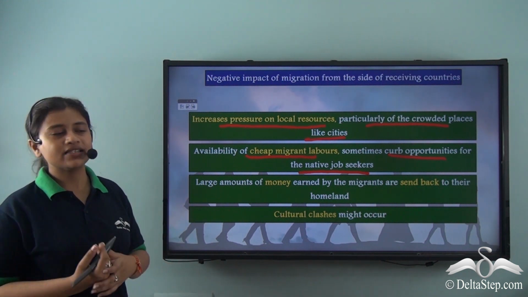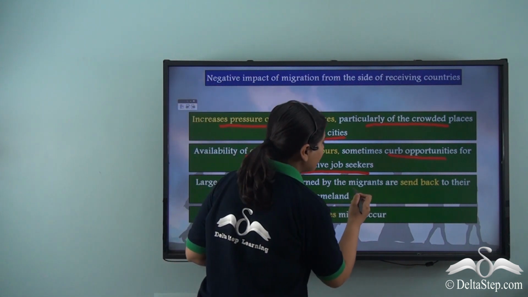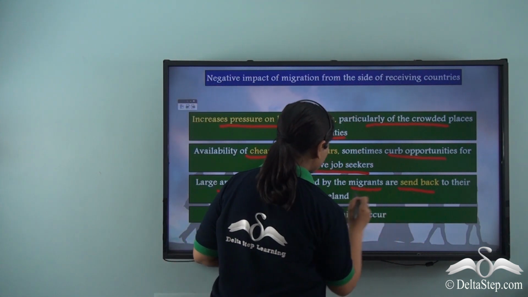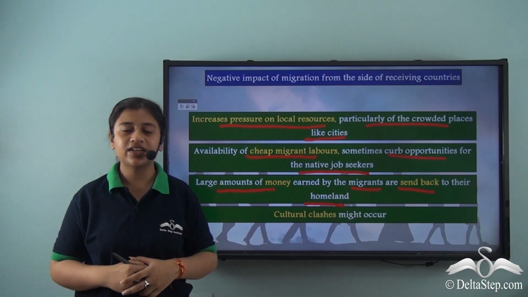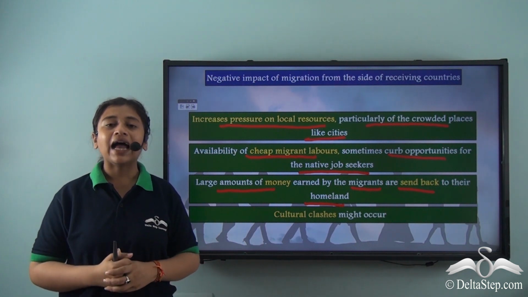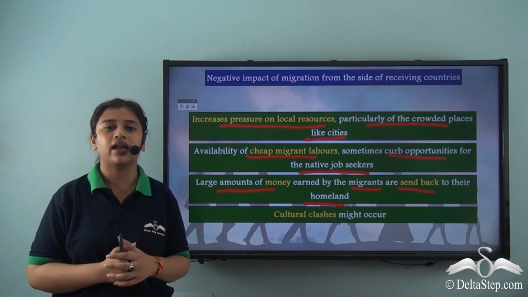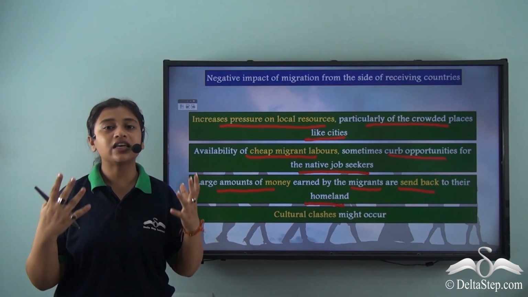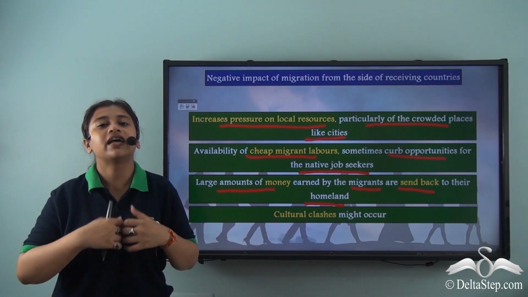Now the third point says that a large amount of money earned by the migrants here is sent back to their homeland. People who migrate into these countries tend to earn here because they have better job opportunities, and then they send back a huge amount of money to their homeland. This helps in the economic development of the homeland and not of the country from where they are earning, right?